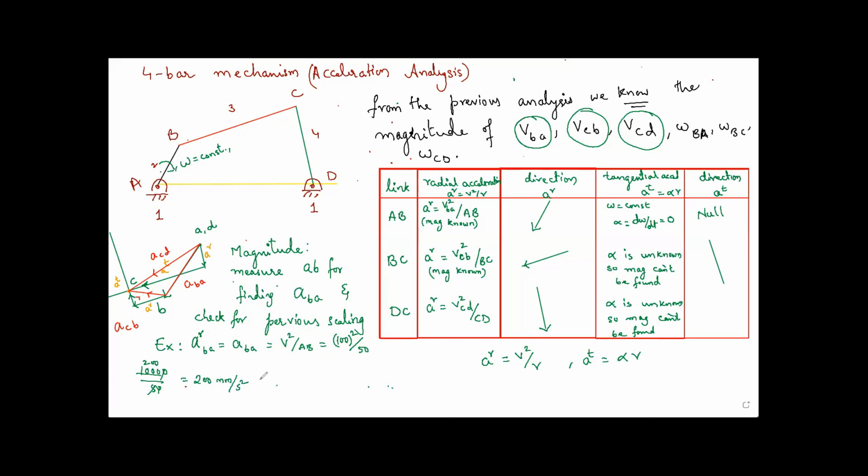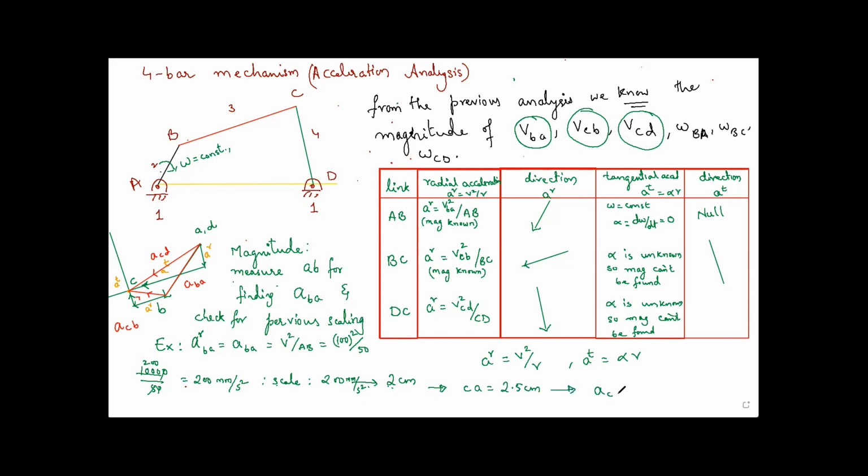Now I have to scale it. For scaling purposes, 200 scaled to, say, 2 centimeters. Just an example, 200 mm per second square is 2 centimeters. It means what did I do over here? I divided by 100. Now if I got the value of, say, CA as 2.5 centimeters, what is the original acceleration?